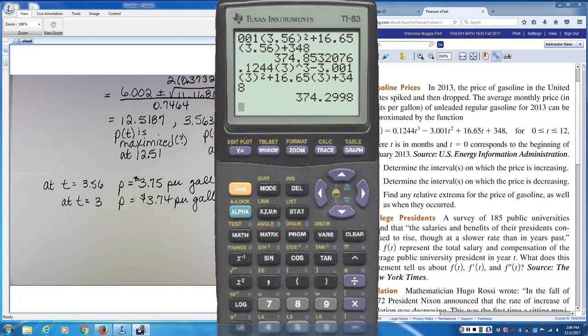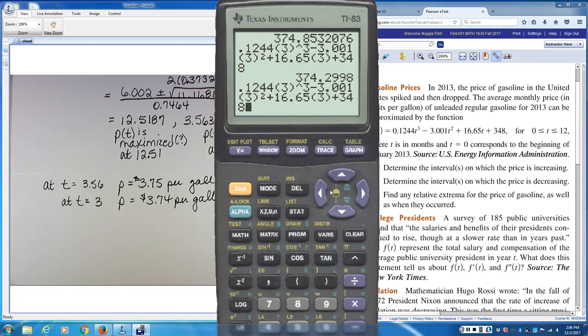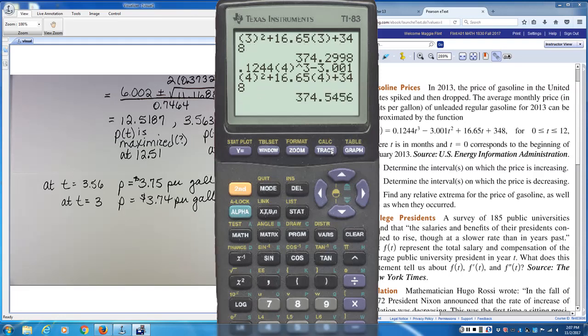And then doing the same thing and going to 4, which is beginning of April. It was back to 374.5. So, let's go ahead and add the third decimal place there so that we can show that there really is a distinction.